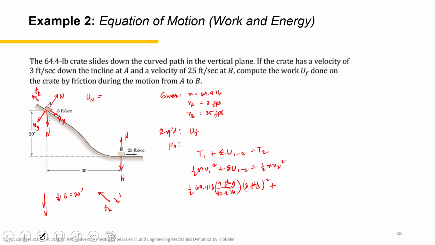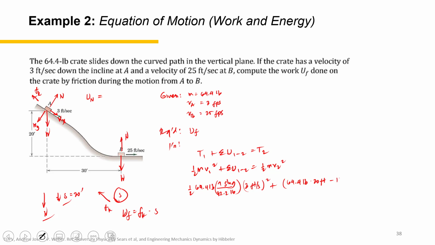The work done by the weight is equal to 64.4 pound and the displacement is 20 feet. That would be positive because they are in the same direction. So for the friction, we don't really know the displacement, but the product of Fk and that displacement, that would be U sub F.